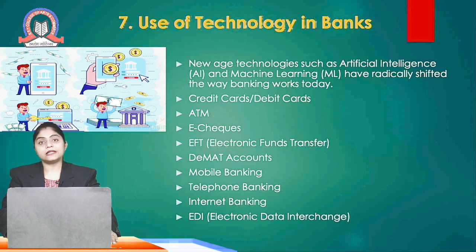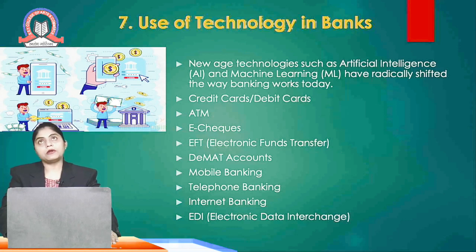Then banks use technology in the banking sector for the development of the industry. Nowadays, banks are using artificial intelligence, AI, and machine learning for the advanced development of banking services.